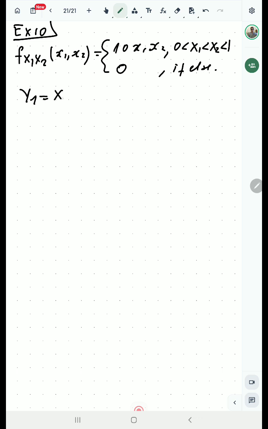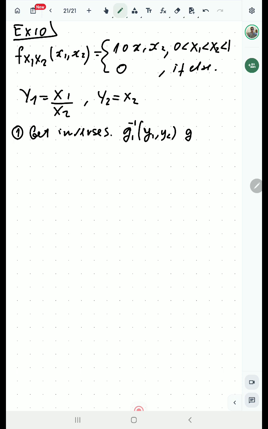We suppose that y1 is equal to x1 over x2, and y2 is equal to x2. Our purpose here is to get the inverse function, which you can call g minus 1 of y1, y2, so you have two functions, g1 and g2, expressed in terms of y1 and y2. What are those functions?